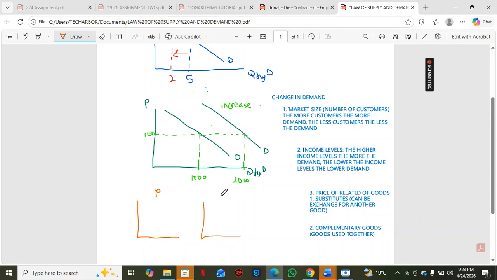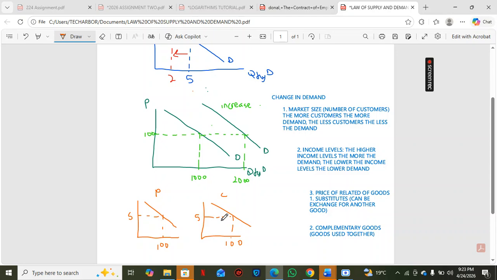Right now, they're priced at the same amount, 5 kwacha here and 5 kwacha here. Quantity demanded, 100 units here, 100 units. So both of these goods are substitutes of each other. You can substitute Coca-Cola for Pepsi, or you can substitute Pepsi for Coca-Cola.